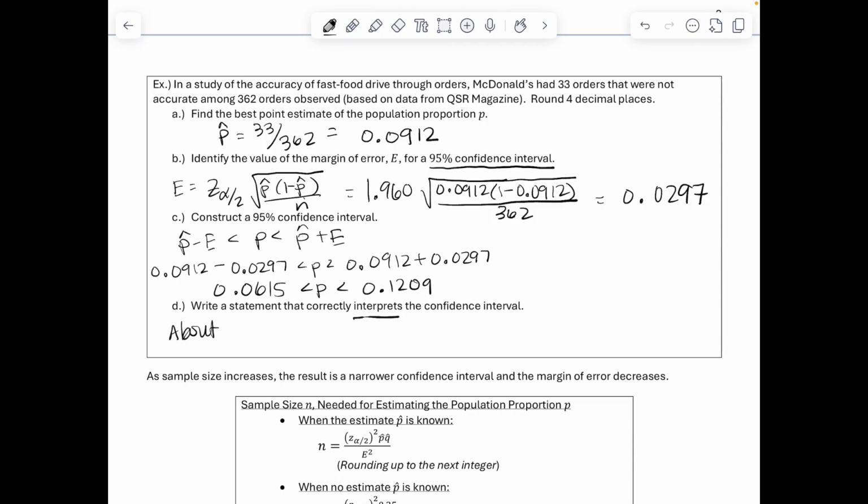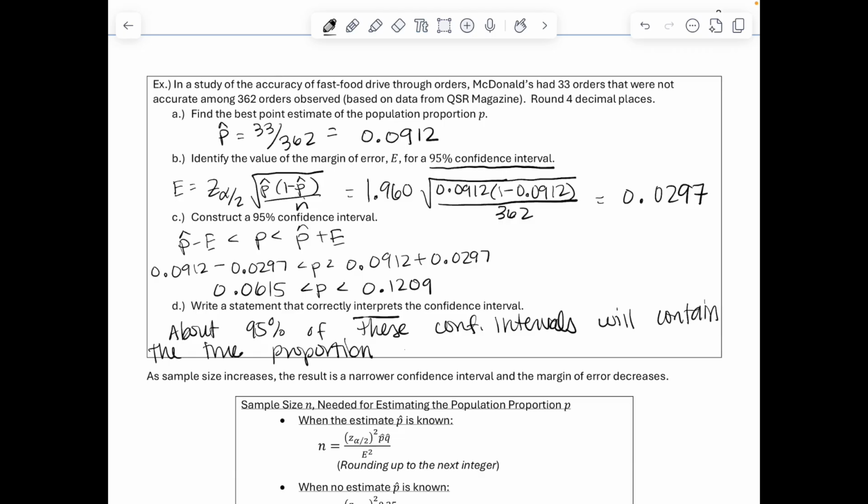So we're going to say about 95% of these confidence intervals will contain the true proportion of not accurate McDonald's orders and 5% will not.